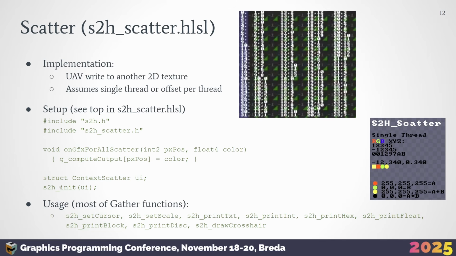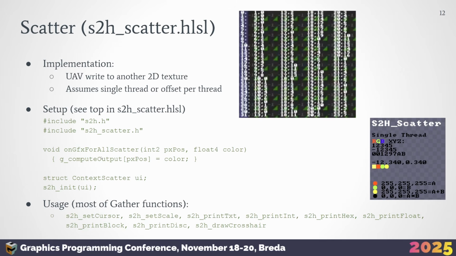You still have a struct, and there's an init for that one, but now you no longer tell that struct which XY pixel position you're writing, because every thread is writing its own data through this function. So you can put this one into your HLSL file, and that implements various output.